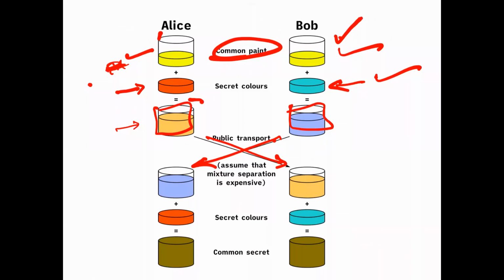Okay, and after this, Alice mixes the private color and gets a color. This one is kind of mustard color, and then Bob also gets the same color after mixing his private color.